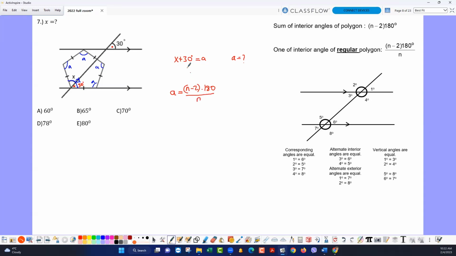Since n is equal to 5 here, because it is a pentagon, when you substitute, 5 minus 2 times 180 over 5, which is equal to 3 times 180 over 5.